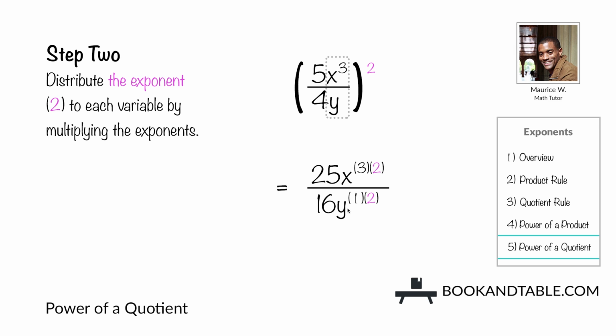So y to a power of 1 times 2 is y squared. So our final answer would be 25x to a power of 6 over 16y squared. Distribute the exponent on the outside to both coefficients and to all of the variables by multiplying this exponent times each of the exponents inside.